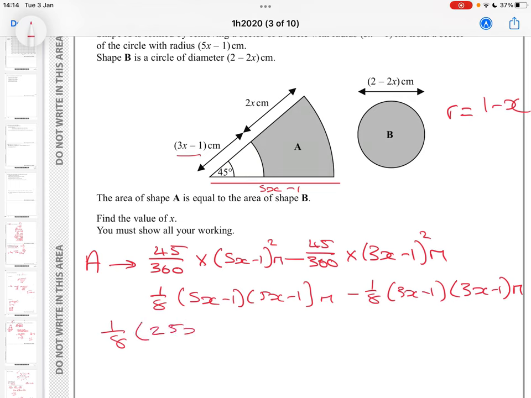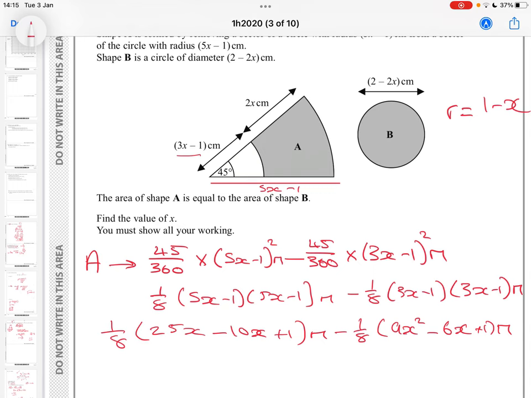Okay, so if I expand, I have an eighth, and then inside I have 25x squared minus 10x plus 1, pi, and then minus an eighth, and then we're going to have 9x squared minus 6x plus 1, pi.